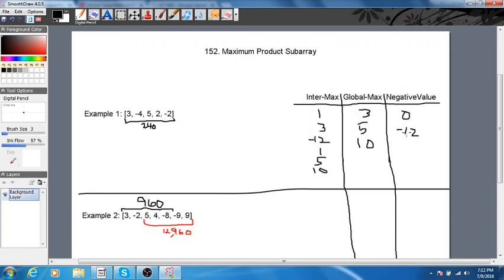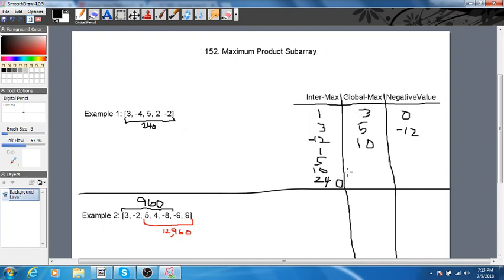At negative 2, you say, wait, this negative value is not a 0, it's negative 12, so we've already hit a negative value before. So we multiply by this negative 2 and our negative value, which covered those earlier numbers. We multiply by negative 2 and by negative 12, and we get 240.